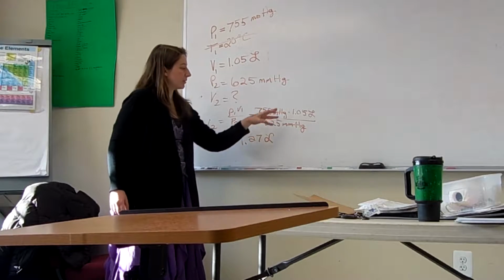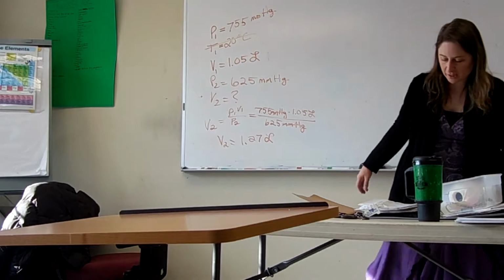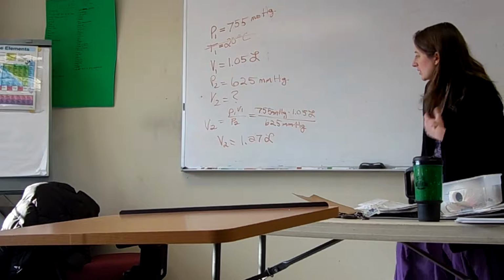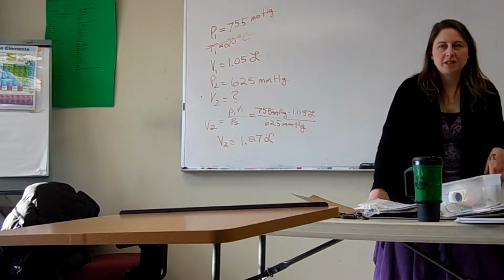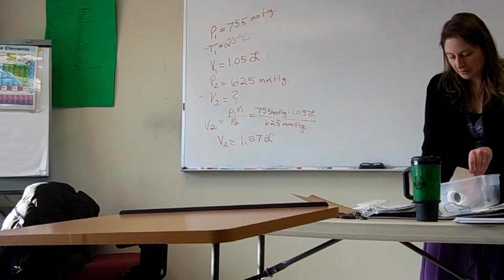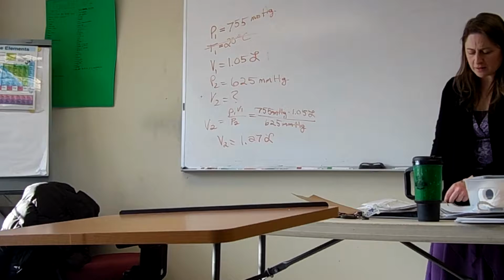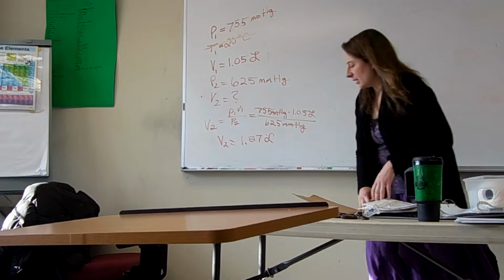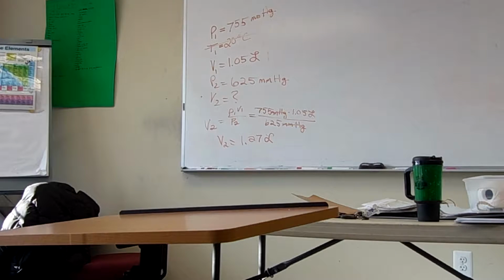So if pressure decreases, volume should increase. If you don't see that happening, maybe you've made a math mistake. Yep, 1.27 liters, 3 significant figures, so that's all good. But always think it through just in case you've written the equation wrong or made a little mistake. This is the biggest module of little mistakes for some reason. It just seems to be maybe the time of year when people are stressed.